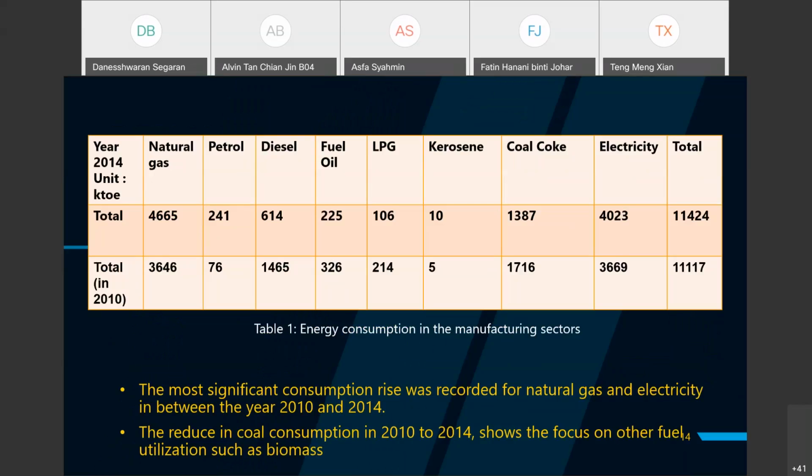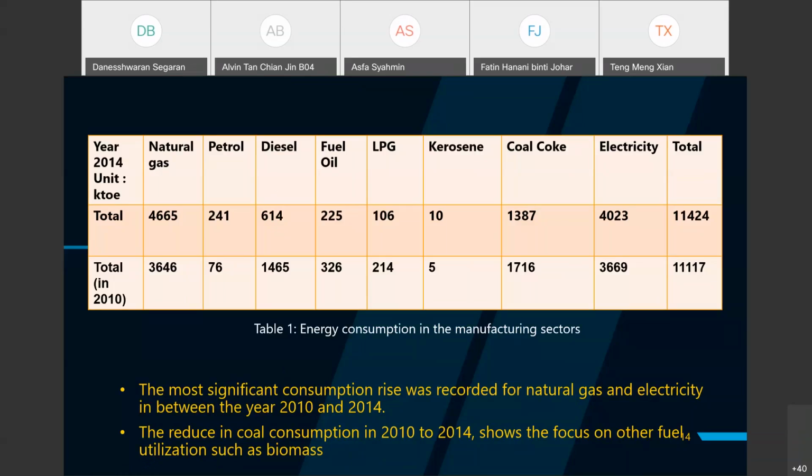So these are the statistics of energy consumption in the manufacturing sector. This table shows the usage of energy between 2010 and 2014. From this table, we can see that the most significant consumption rise recorded was for natural gas and electricity for the years 2010 and 2014.